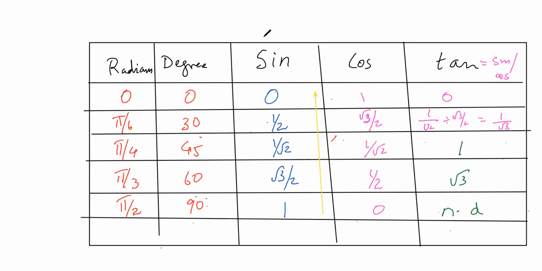Now the first question for everyone in the book. I'll write down the question. If cos x is equal to 3 by 5, or else it will be minus 3 by 5.